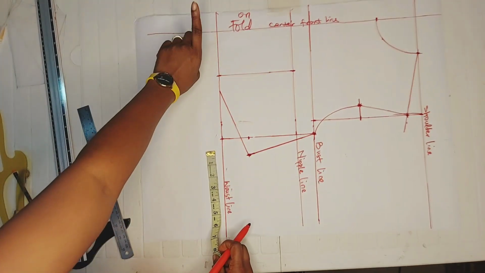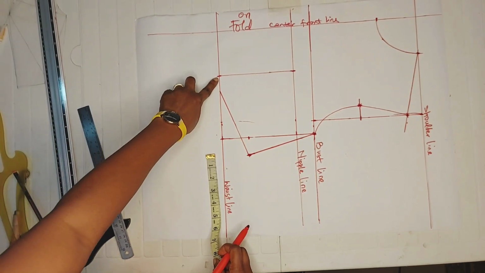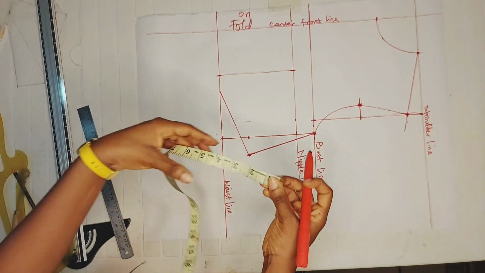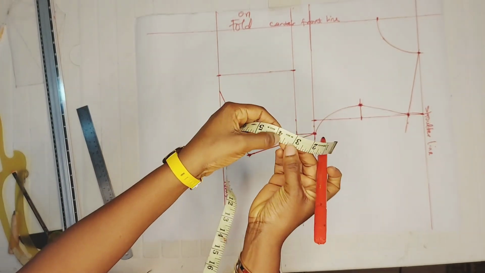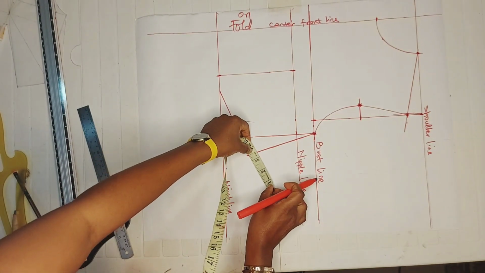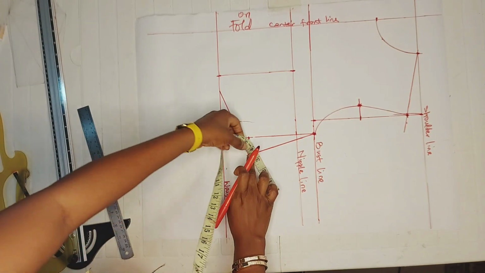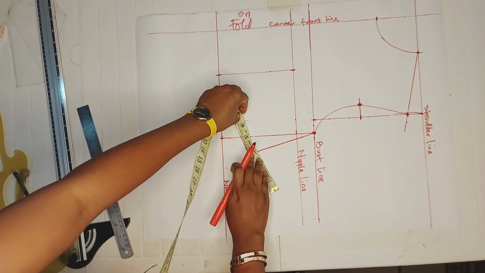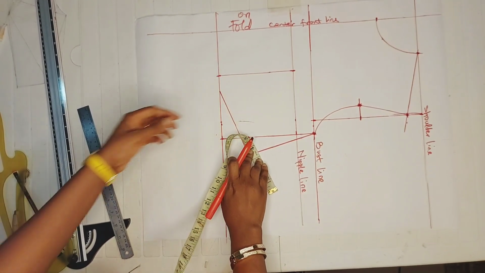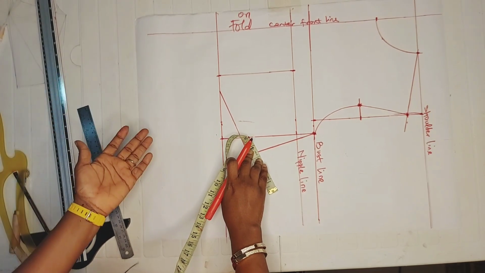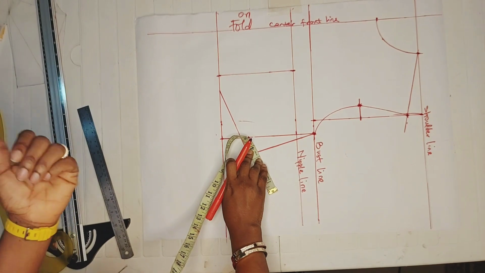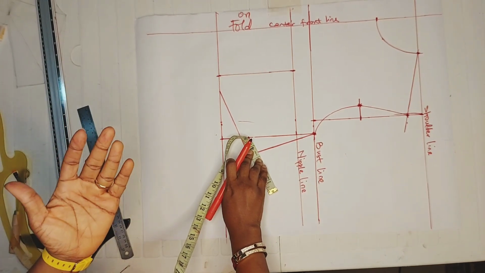Now we know that from here to here we measured 3.5. So I'm going to take away 3.5 from my tape. That 3.5, I'm going to place it on this edge here and mark quarter of my waist circumference. Quarter of my waist circumference means the waist circumference measurement divided by 4. So the waist is 29.